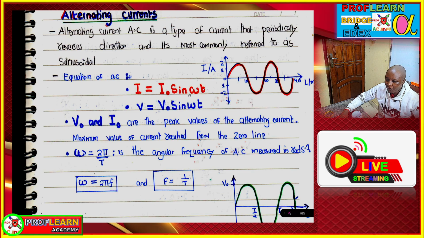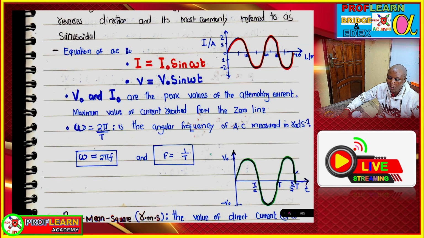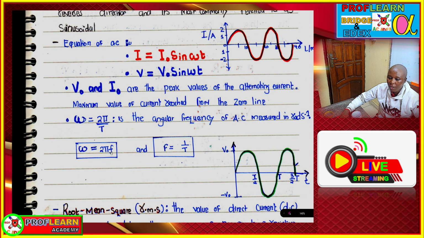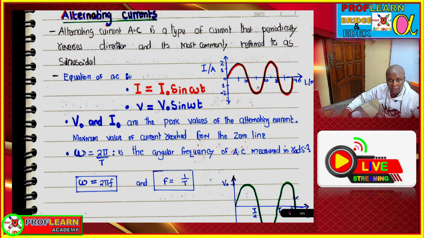Then this value that you shall be having at this point is going to represent the angular frequency. And remember, angular frequency is going to be given by 2 pi f or 2 pi over T. So you are going to be given questions and you are expected to find the value of I naught.